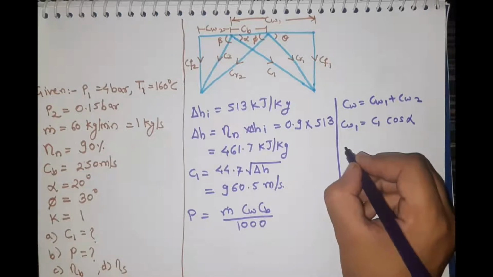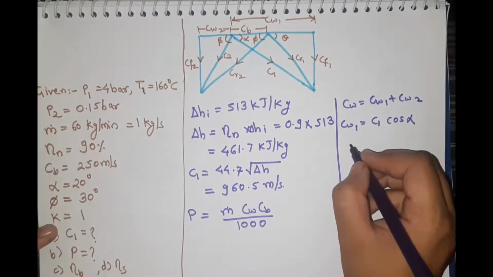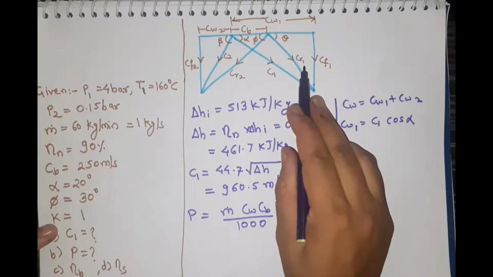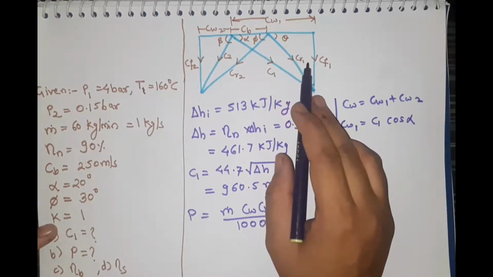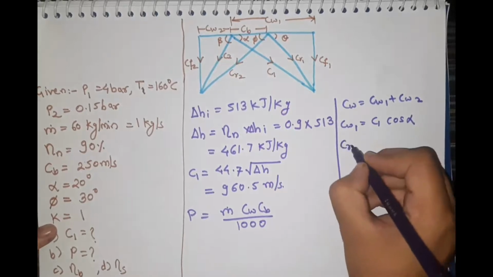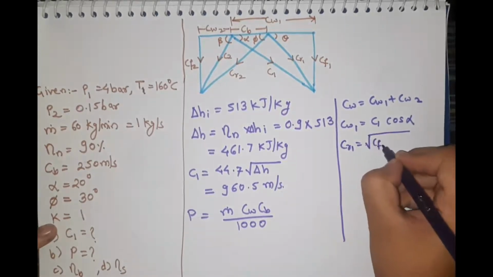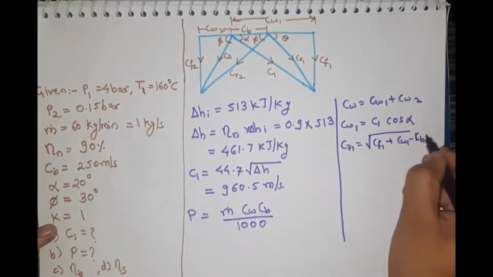For CW2, phi is given to us and K is also given to us as 1. So first we have to find CR1 from this inlet velocity triangle, that is CR1 is equal to under root of CF1 squared plus (CW1 minus CB) squared.